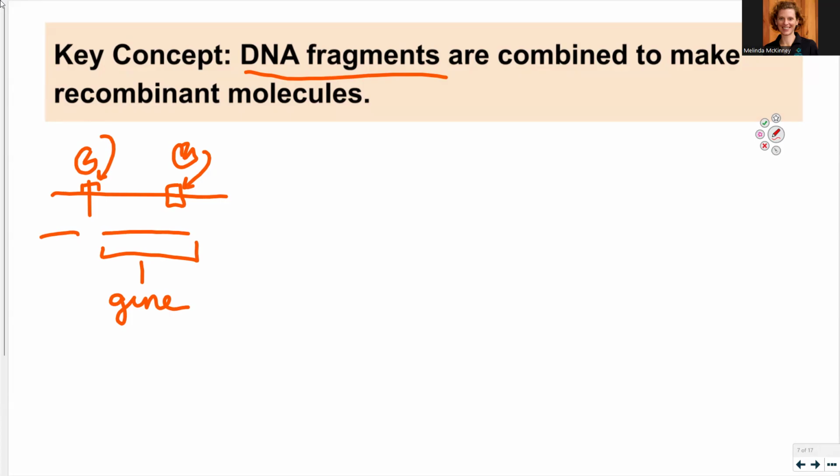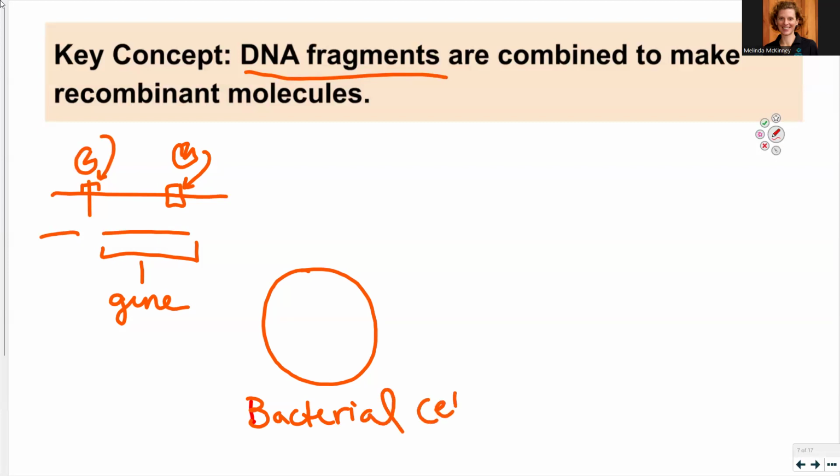So if you say take a bacterial chromosome, so here's my bacteria. Bacteria cells, they're prokaryotic, right? And a lot of times genetic recombination is going to use bacterial cells. They're single cell.